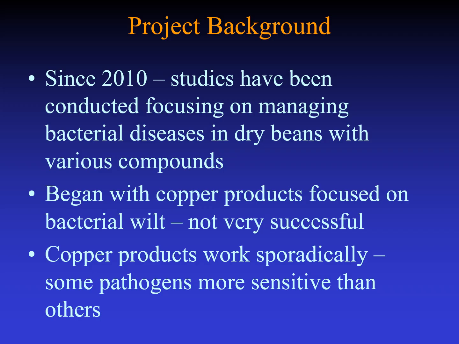Based on that information, since 2010, we've been conducting studies that focus on bacterial diseases, and we don't care about which one it is, with various products. We did begin with copper, focused on bacterial wilt, but it was not very successful. We do know that copper products work sporadically. Some of them are more sensitive than others, and so that's why we started looking at other products.